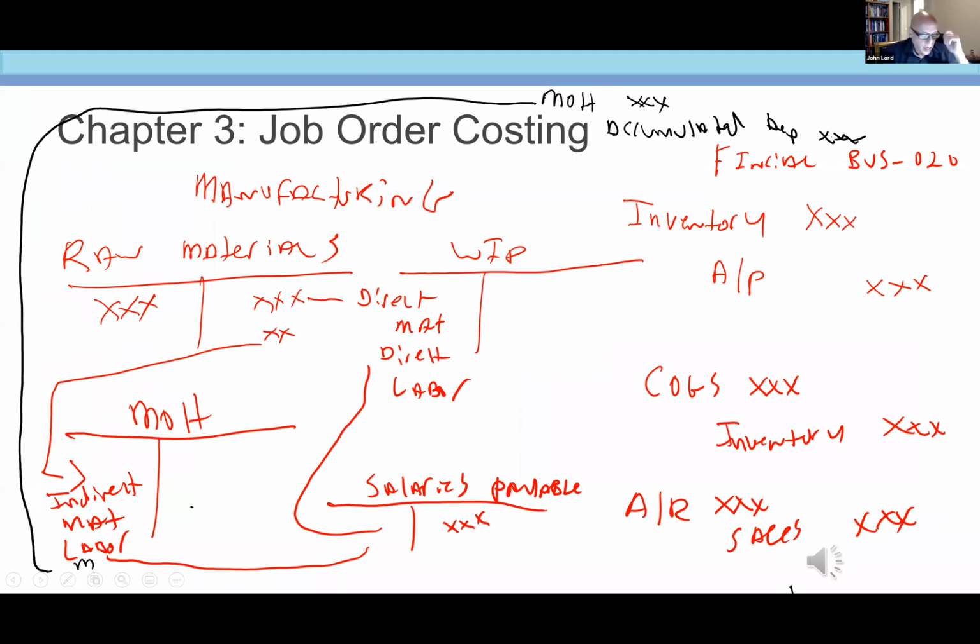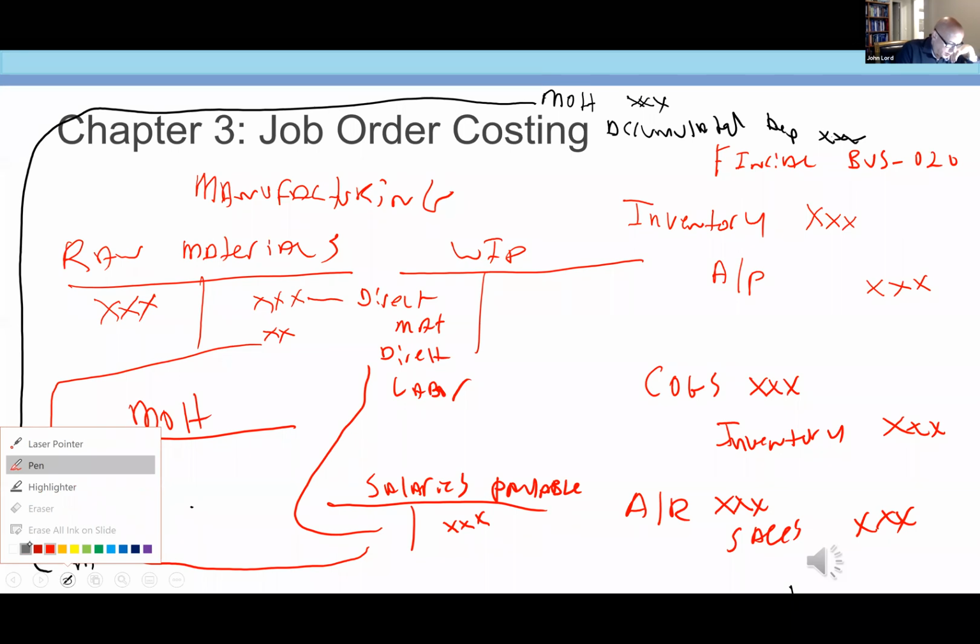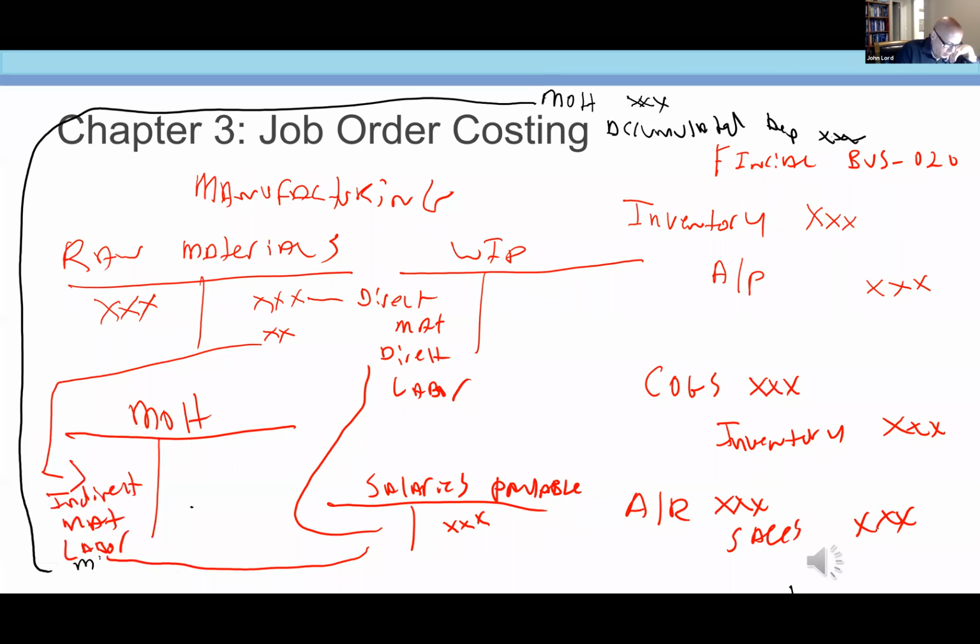Okay, and so we have what? We have our manufacturing overhead, and by definition, it's too difficult to trace something like depreciation to my product. And so if that's the case, I will debit my manufacturing overhead for my depreciation.